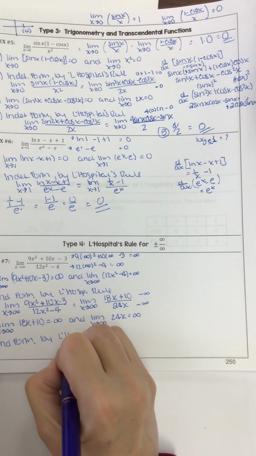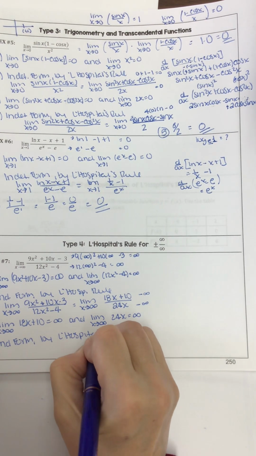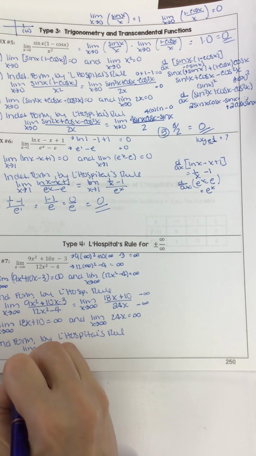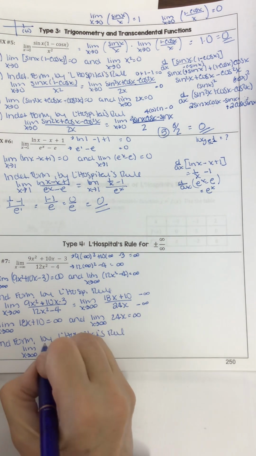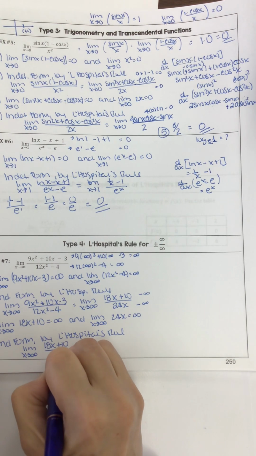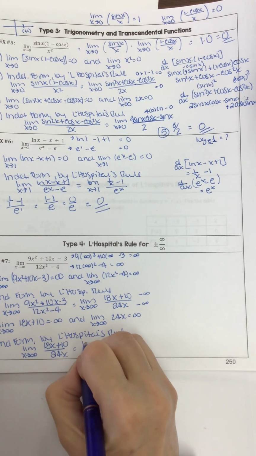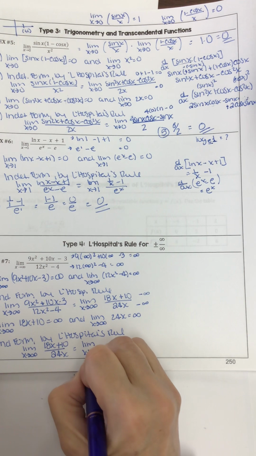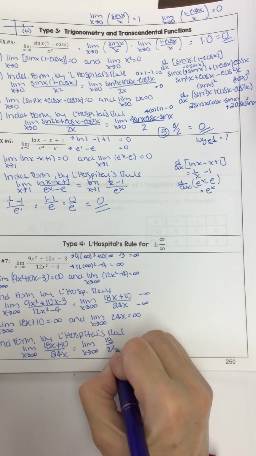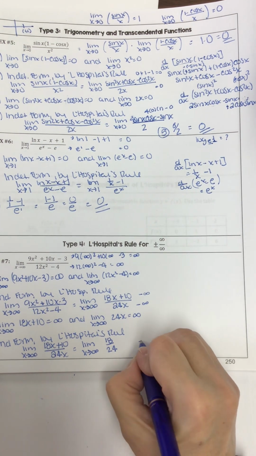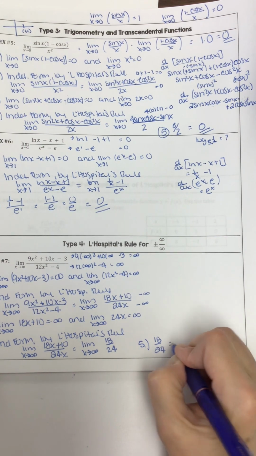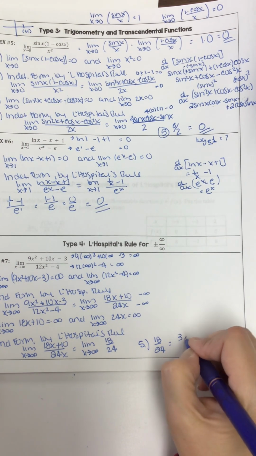And by L'Hopital's rule, we know that the limit as x approaches infinity of 18x plus 10 over 24x would equal the limit as x approaches infinity of 18 over 24, which reduces to 3 over 4.